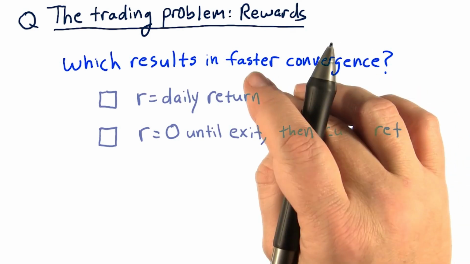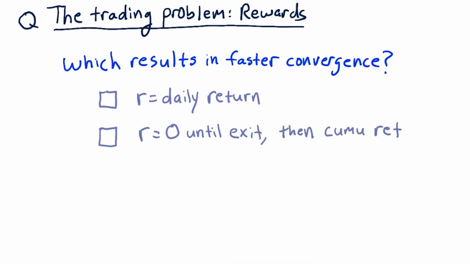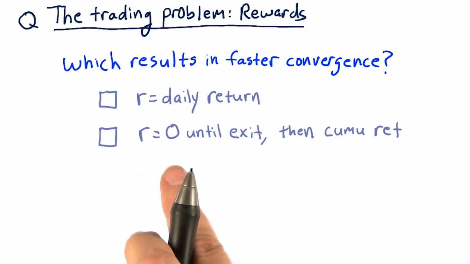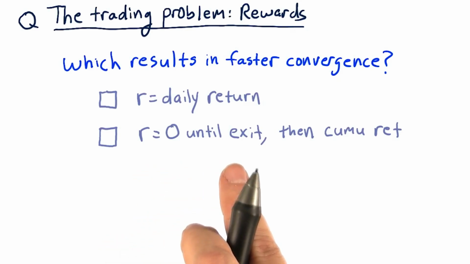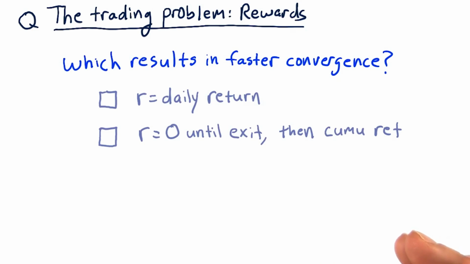So consider these two. Daily returns, where each day we get a reward which is equal to the return over the last day, or a reward where the reward is equal to 0 until we exit the position, then the cumulative return that we gained across that whole trade.